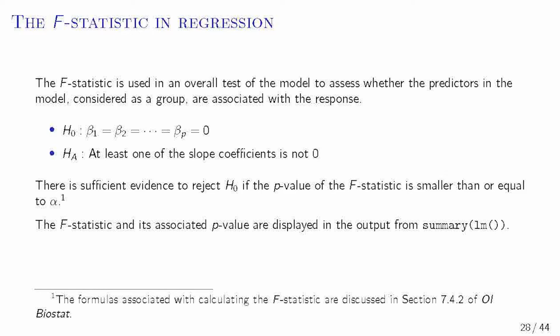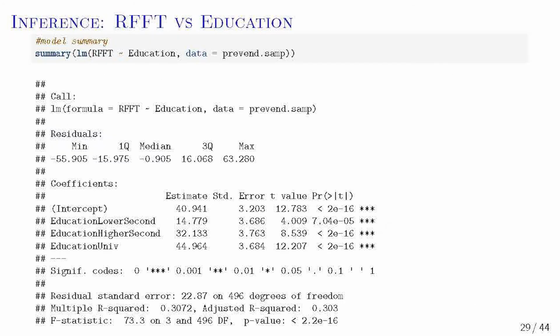I should note that this is not the only use of an F-statistic with linear regression, but it's a common use. Recall we were trying to estimate the relationship between education and this test outcome.